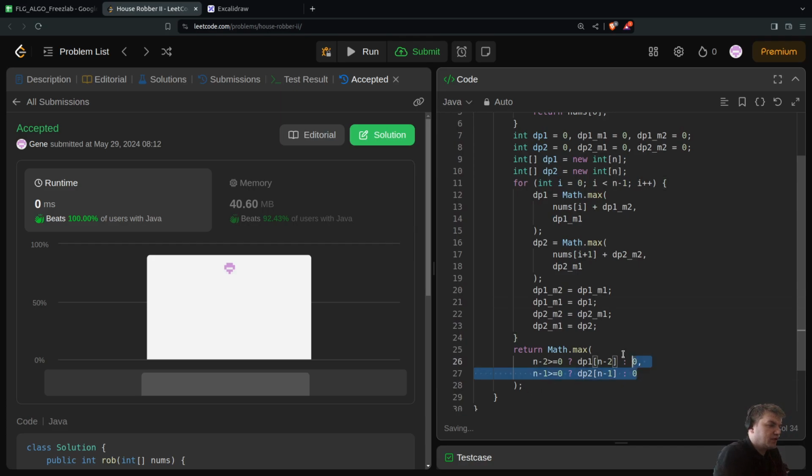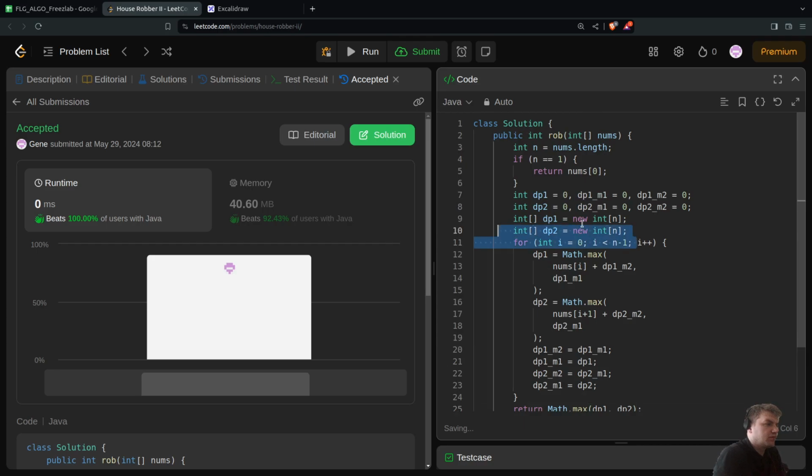And then in the end I need max of dp1, dp2, and I remove this one.